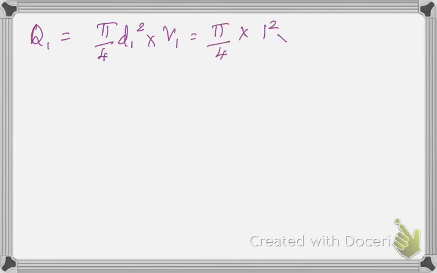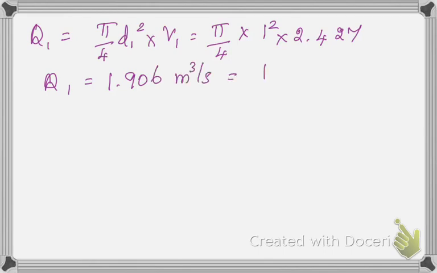So first we'll get the value of Q1. Q1 is equal to pi by 4 D1 squared into V1, which is pi by 4 into 1 squared into 2.427. So Q1 will be equal to 1.906 meter cube per second. In liters it becomes 1906 liters per second.